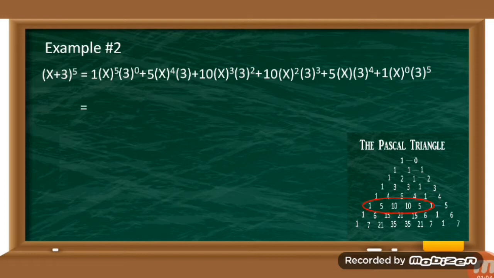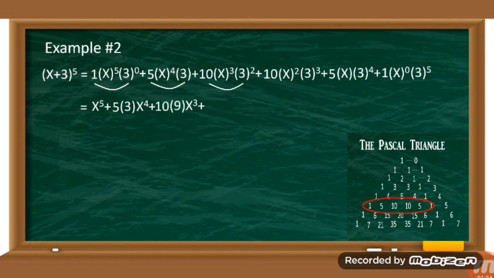X raised to 5 is x to the 5th. Then, 3 raised to 0 is 1, times 1, 1. Next, x raised to 4 is x to the 4th, then 3 times 5. Sunod naman is x raised to 3 is x cubed, then 3 raised to 2 is 9 times 10.